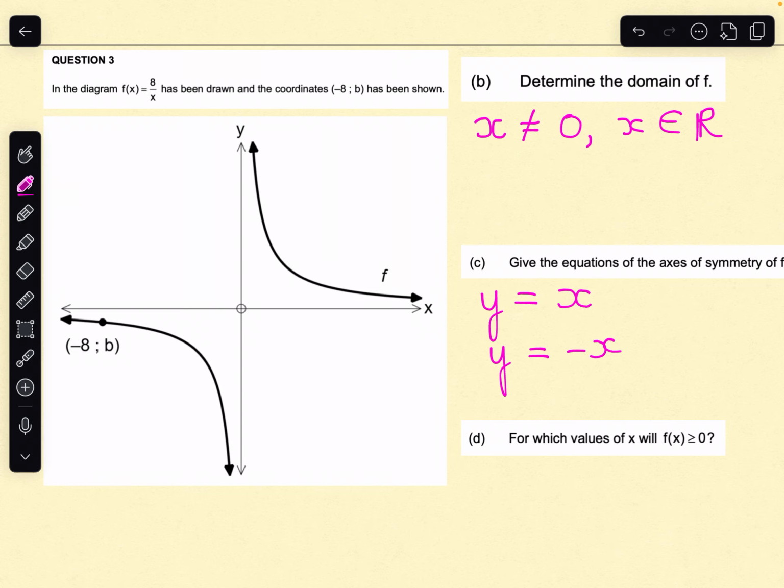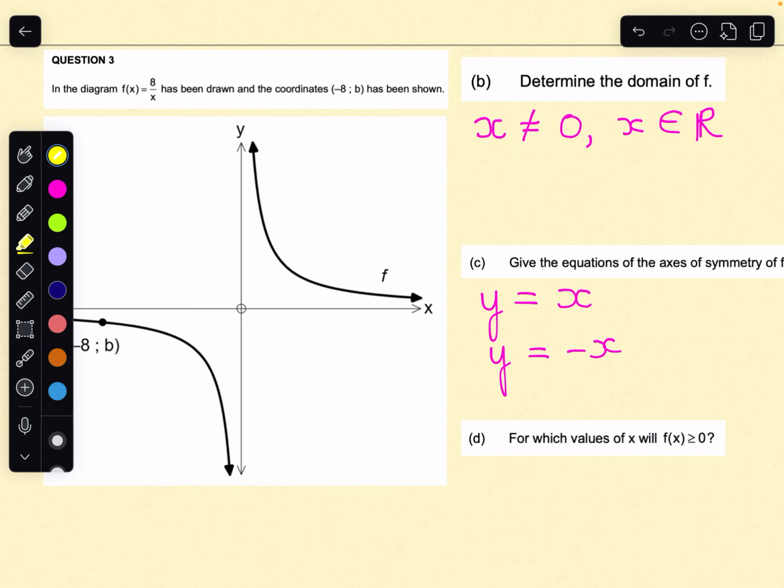Right. And then for which values of x will f of x be greater than or equal to 0? So basically, for which values of x are the y coordinates positive or equal to 0? So we're looking for, is this thick enough?